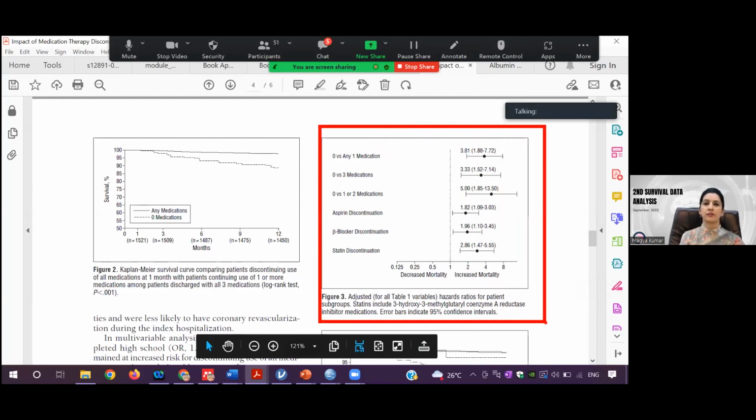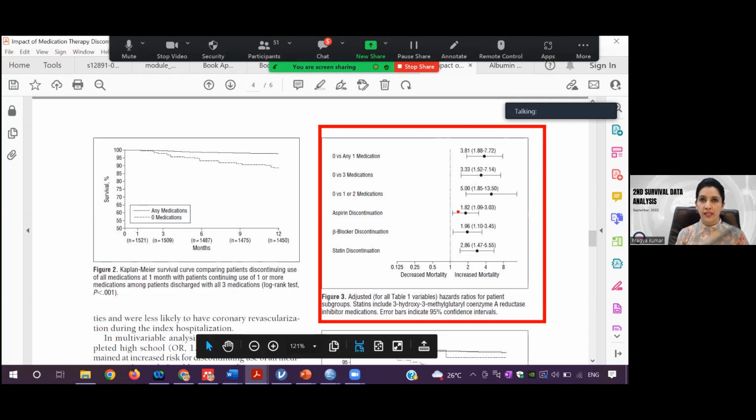So this graph shows all the effects, like 0 versus 1 medication, 3 medications, aspirin discontinuation. The outcome here was mortality. And they have shown all these hazard ratios, because if you remember, this is the line of 1.